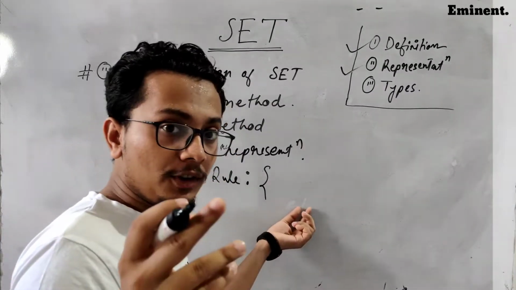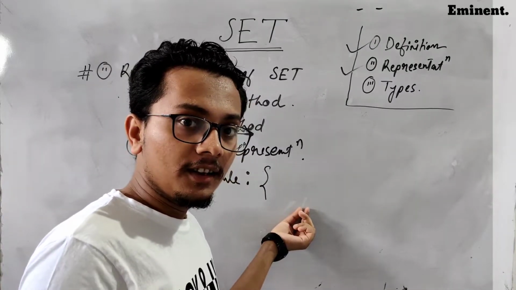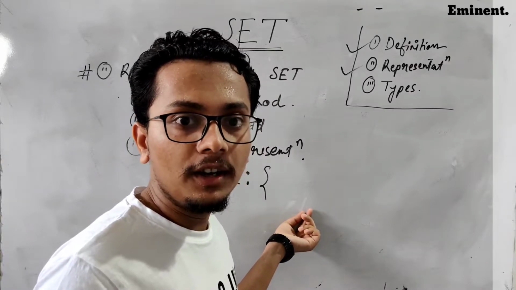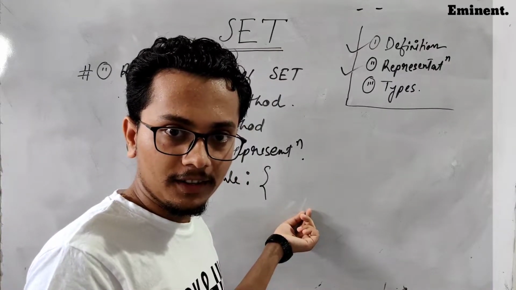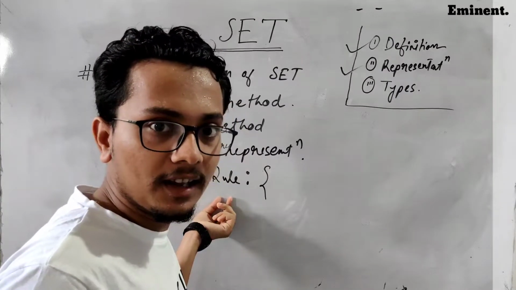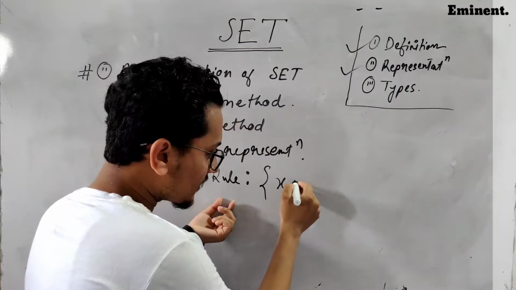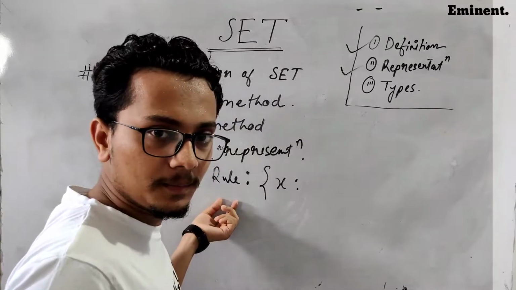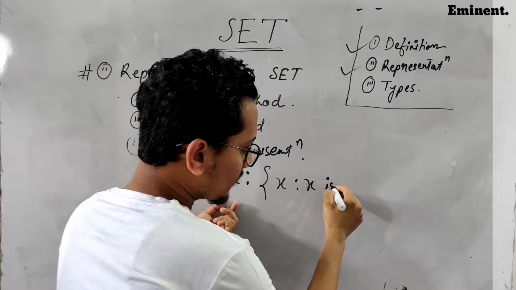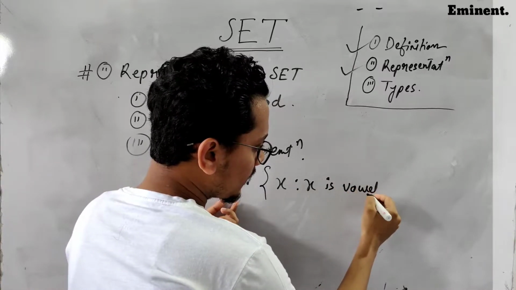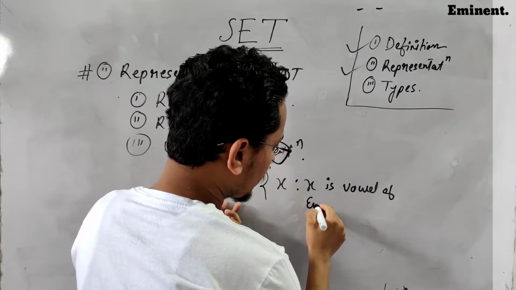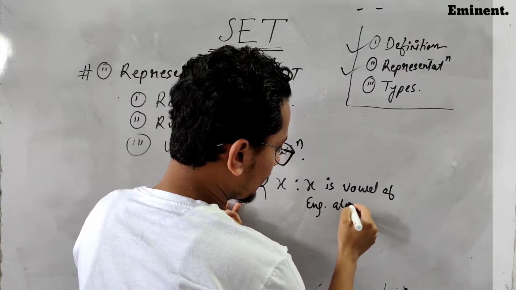For example, the set of vowels of the English alphabet that I took in the roster method. In the rule method, you have to write it like this: X such that X is a vowel of the English alphabet.